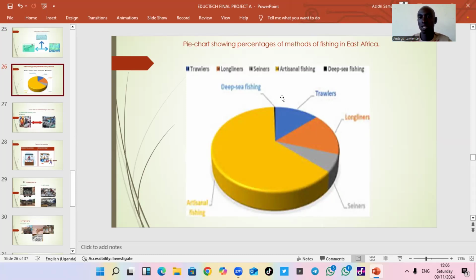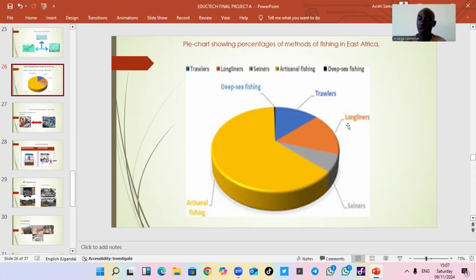So when all these are put in a pie chart, and the percentages are rated, you will find that most of the fishing methods used in East Africa are artisanal, or in other words, traditional methods of fishing. And you can see it is widely covered. Here, the yellow shows the greater percentage. And it is the method that is dominantly used in East Africa.